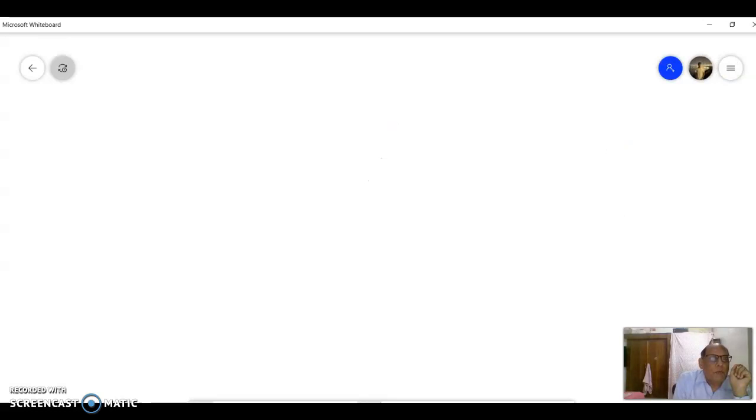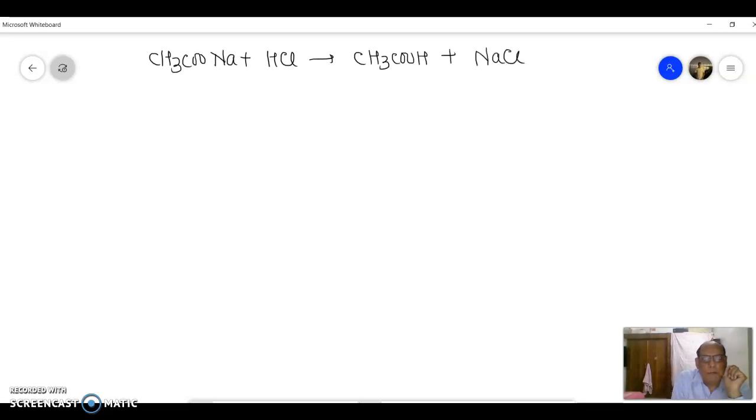So, when we add X moles of HCl to solution A, what will happen? Sodium acetate will react with HCl to give acetic acid and sodium chloride. Initially, we have 1 mole of sodium acetate.